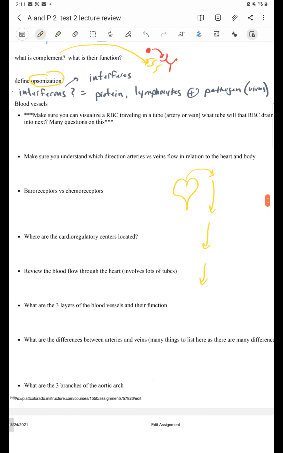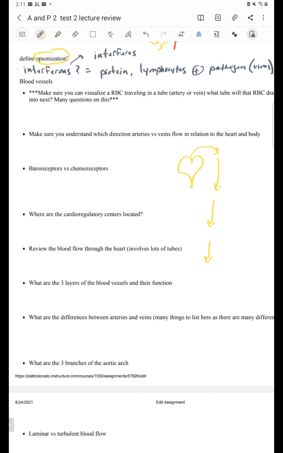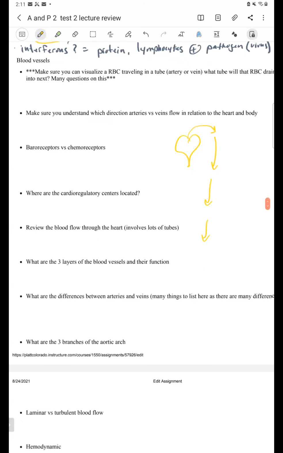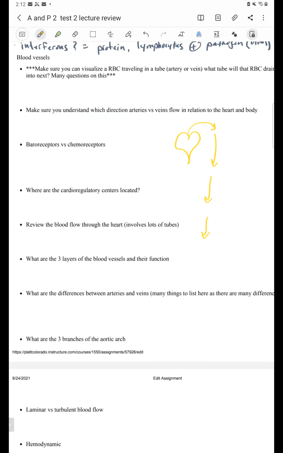Okay, so your baroreceptors have to do with pressure change. For example, laying down to standing up is a pressure change, and your body should adapt to that. Your chemoreceptors are chemical changes, like CO2 and pH.